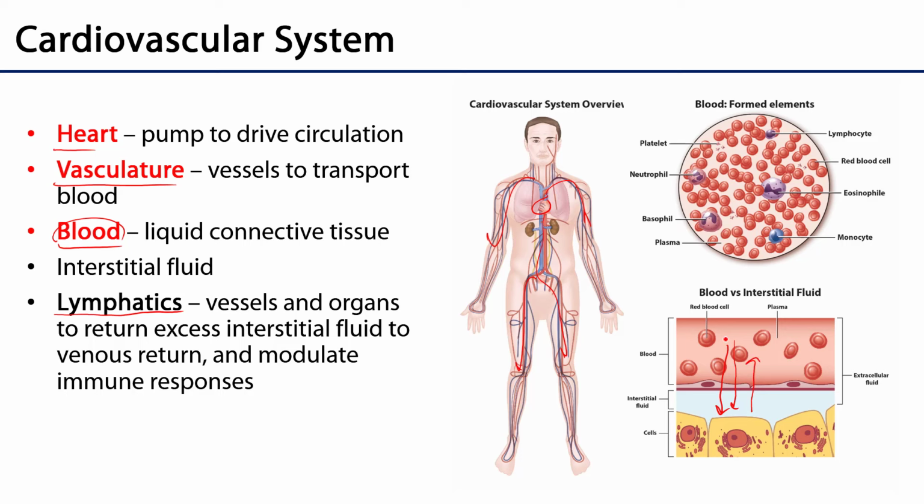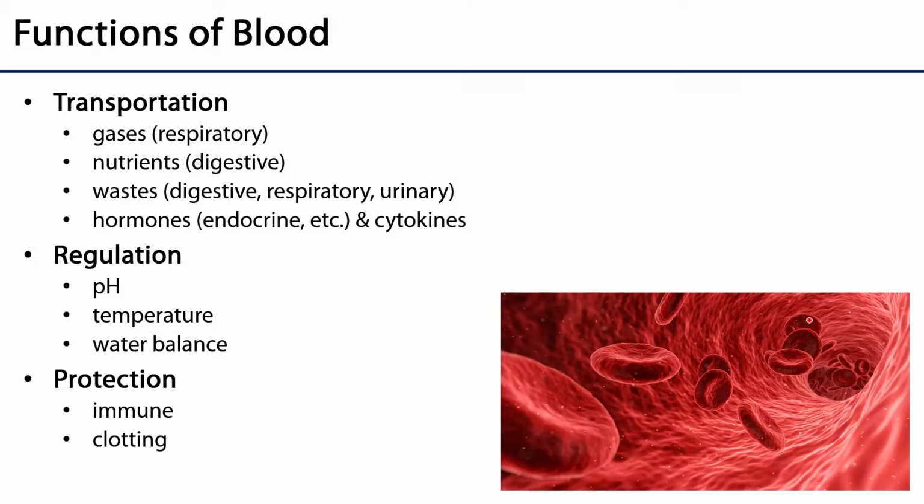Now, typically, filtration is not entirely balanced by reabsorption. And so that's where the lymphatics come in to absorb all of that excess filtrate and return it back to venous blood supply. But we'll discuss the details of that in lymphatics videos.